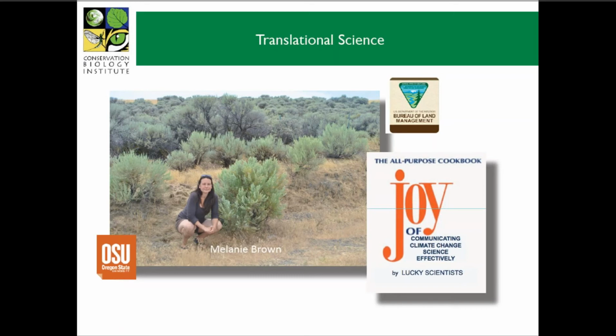And so the BLM supported that effort, and we started moving forward, and Melanie started doing her work to finish her thesis in undergrad study at OSU. Next slide, please.